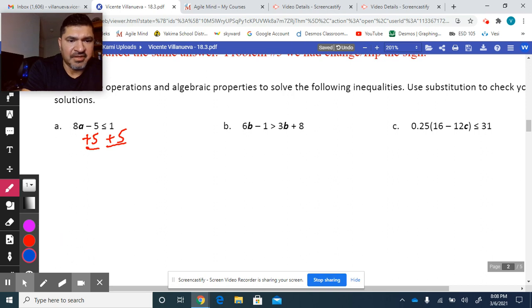Okay, so 8a comes down, negative 5 and positive 5 cancels itself out. We've got less than or equal to 1 plus 5 is 6. Next step, I need to divide by 8.